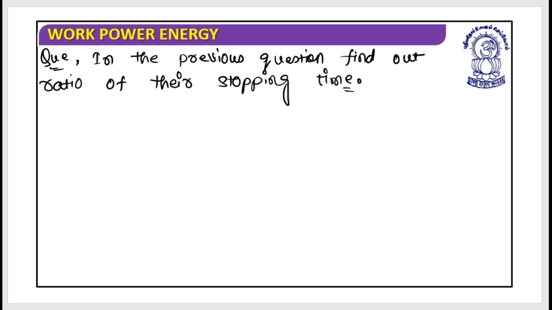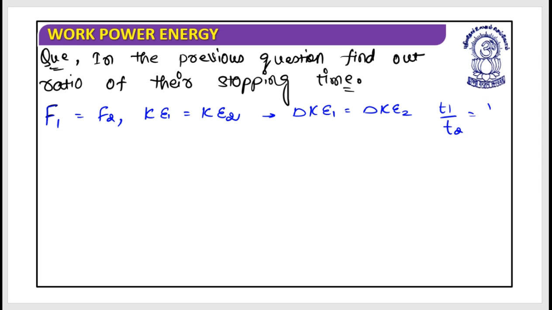What is given? The given data is that force 1 and force 2, that means the retarding forces, are the same. Their kinetic energies are the same. So even the change in kinetic energies are the same, delta KE1 equals delta KE2. What I need to find is T1 to T2.